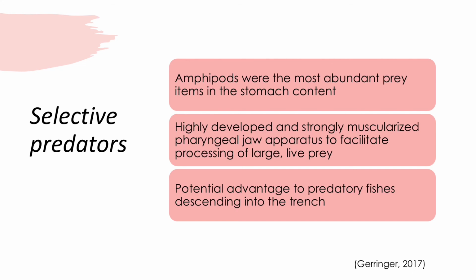The increased amphipod biomass in the hadal zone compared to the abyss may provide little benefit for other types of fish and organisms to descend further down into the hadal depths, but it poses a large advantage for suction-feeding fishes such as the liparids. This may be one of the reasons why the Mariana snailfish and overall liparids are so notably successful in many hadal trenches.